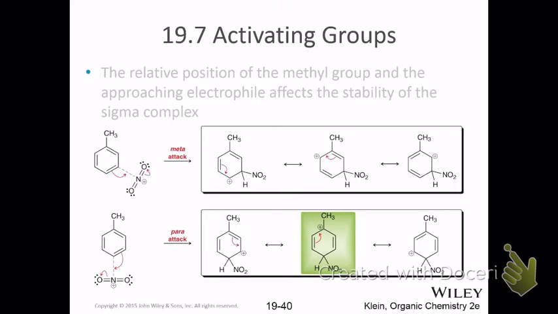So this structure is more stable. So you expect ortho and para to be lower in energy than meta because of the tertiary carbocation. Okay. So that explains why you have more ortho and para than meta.